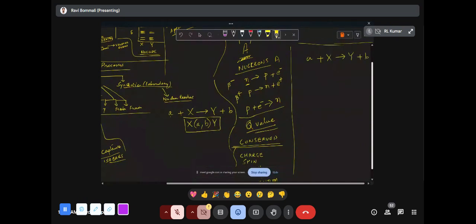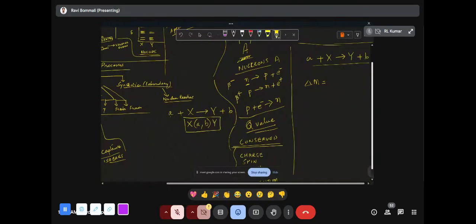So how do you decide this reaction takes place or not? You just look at the masses of the reactants. You calculate the masses of the reactants, you calculate the masses of the products. So you'll get a mass defect. What is the mass defect?